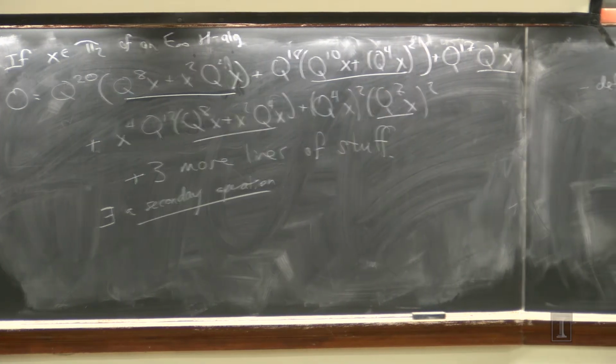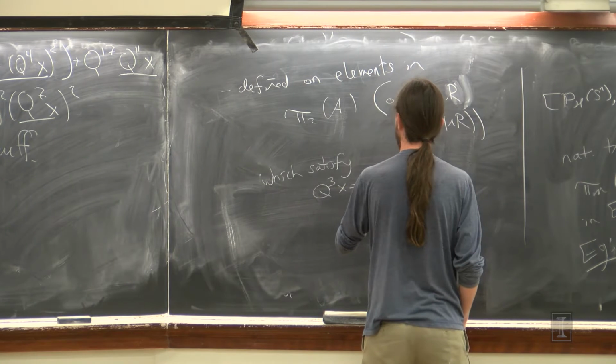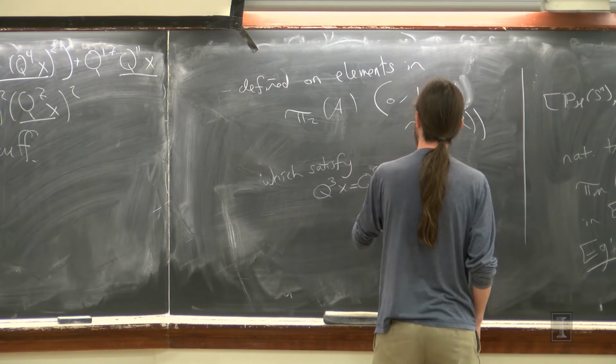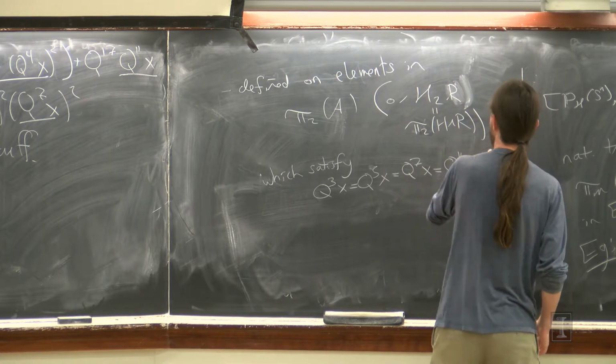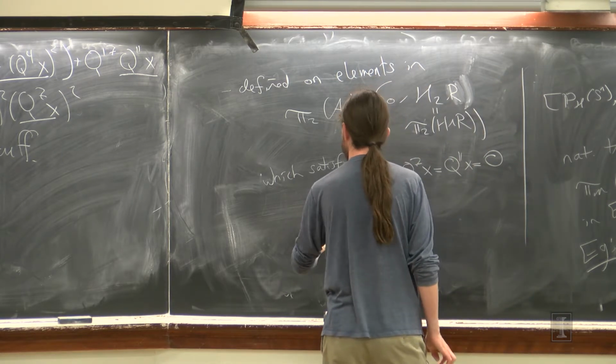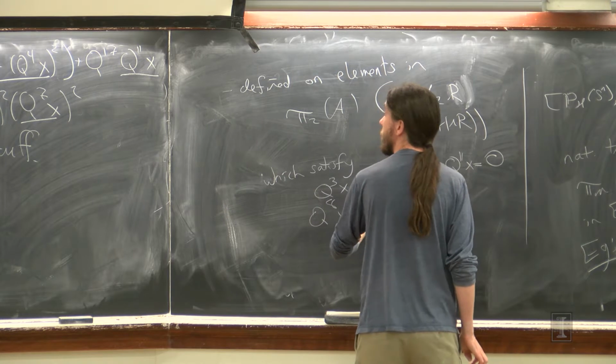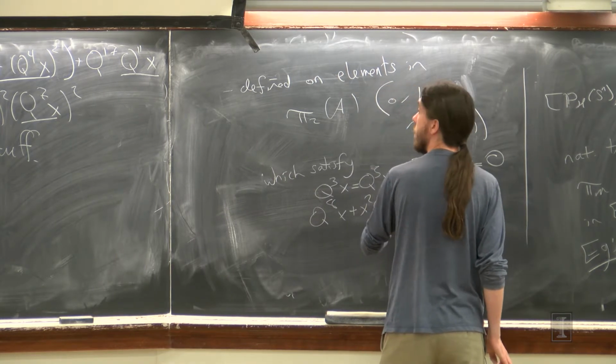So the full list of relations is that Q3x and Q5x and Q7x and Q11x are all 0, and we also have those two relations there.